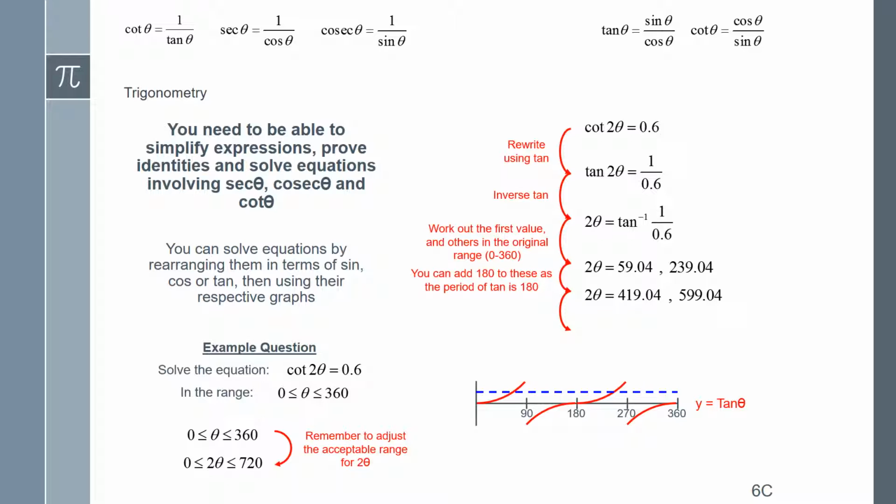Those are all of our answers that are in the range between 0 and 720. So now if we divide all of those by 2, we get theta is 29.5, 120, 210 and 300 degrees. Remember though, when it's a function of theta, we need a new range, and we need to find all the solutions in that range, and only at the end undo the function of theta to get the actual answers.